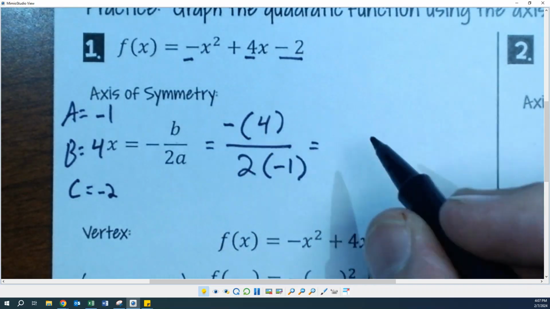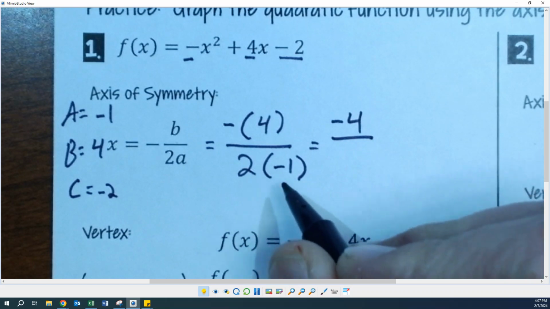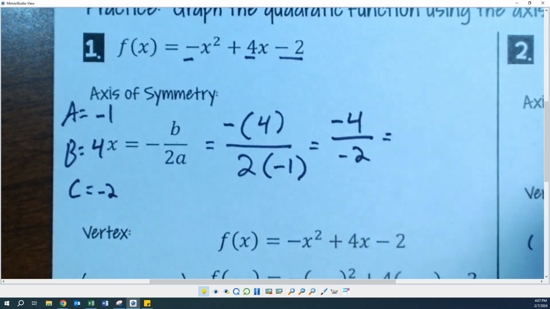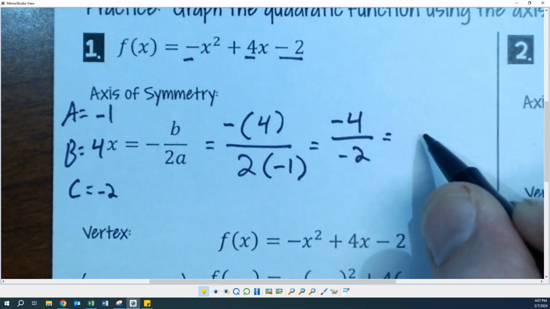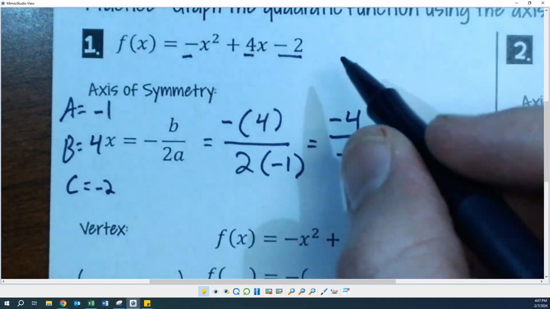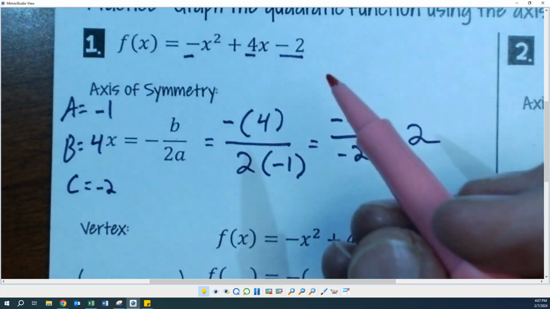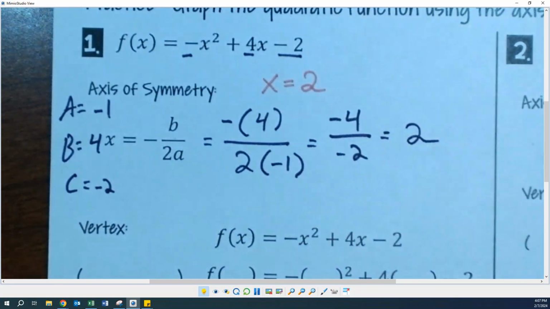This on top becomes negative 4. This on bottom, 2 times negative 1 becomes negative 2. A negative divided by a negative is going to make a positive, and 4 divided by 2 is going to be 2. This gives me my axis of symmetry, which is x equals 2.